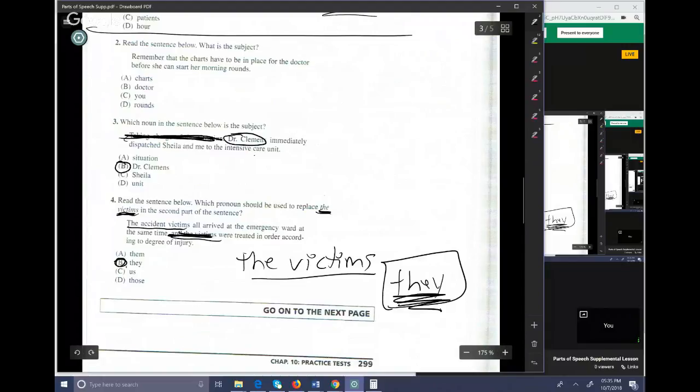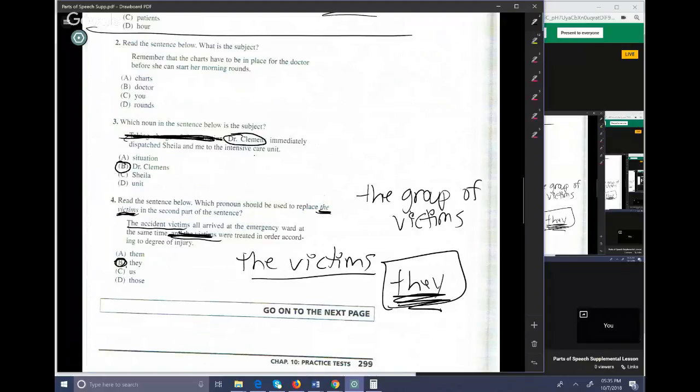Had they said, just as a stretching of your thought process, the group of victims, if you took subject-verb agreement, you're going to know what I'm getting at. If you didn't, you might be a little bit confused by this. The group is it. So if you refer to something as the, which is a singular word, group, everything you refer to is just the group as a whole, and we're using that as one individual thing.